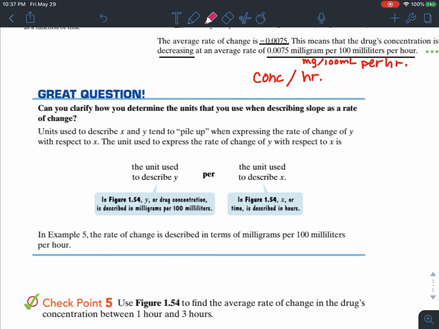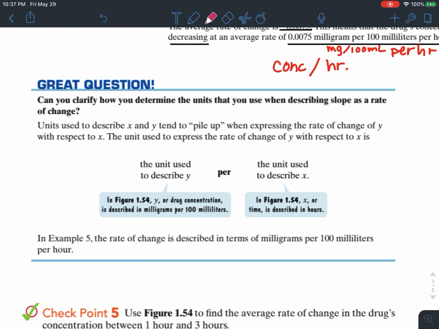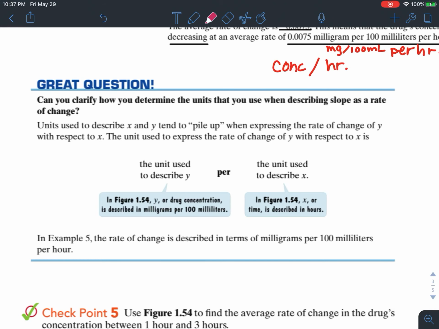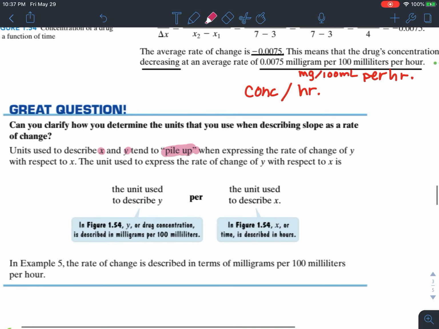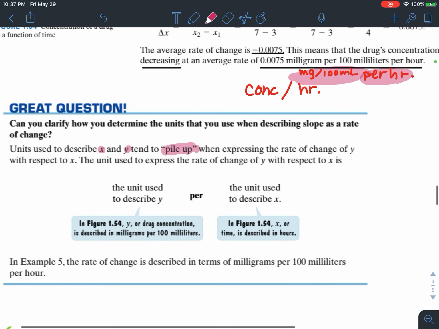So how can you clarify what units you need to use? It says the units of X and Y tend to pile up, like we were saying here with the milligrams per 100 milliliters per hour. I mean, that's a lot. But all you need to do is find the units of Y and the units of X, and then literally put a per between them, and you're good.